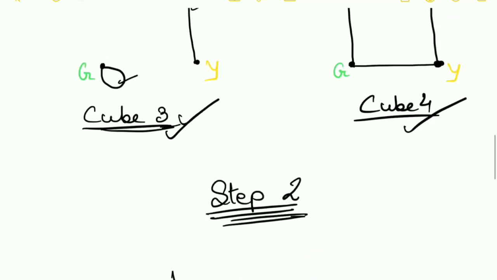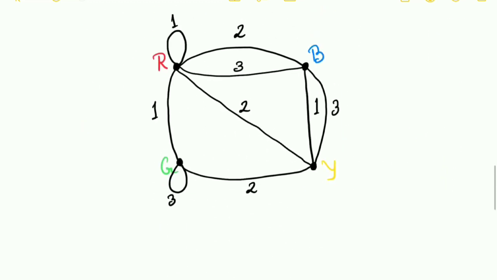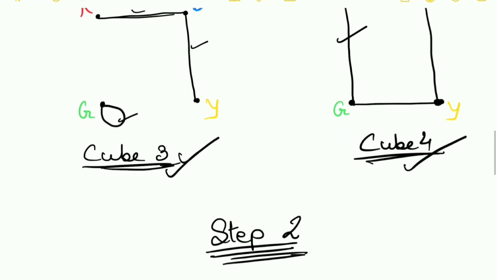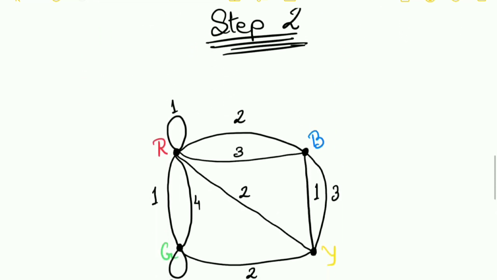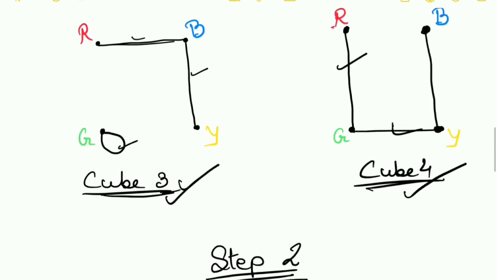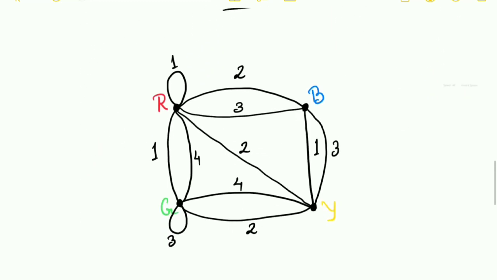In this way, the graph of cube 3 is also completed for step 2. Now cube 4: red and green, and we will name it as 4, as it comes from cube 4. Green and yellow, similarly we will join with edge 4, and then again blue and yellow. Here also we will join blue and yellow vertices and name it as 4.